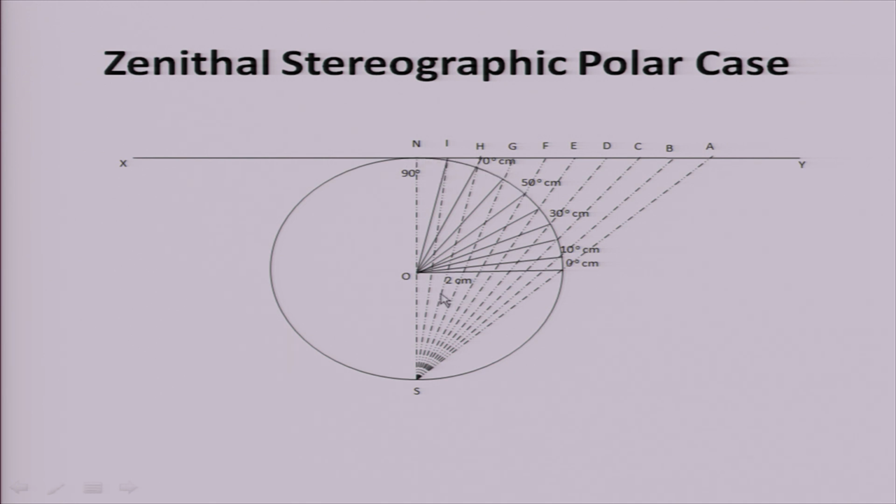And then light source is kept over here. You can see S is the source of light, and N is the south pole in this case. Then source of light is here, and then you can see that equator or 0 degree parallel is projected at point A, 10 degree parallel is projected at point B.